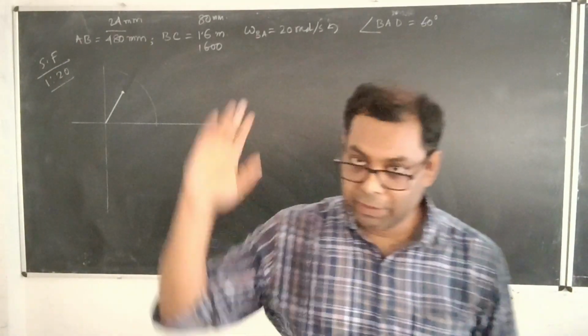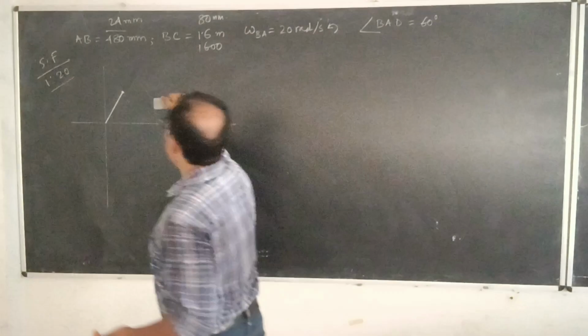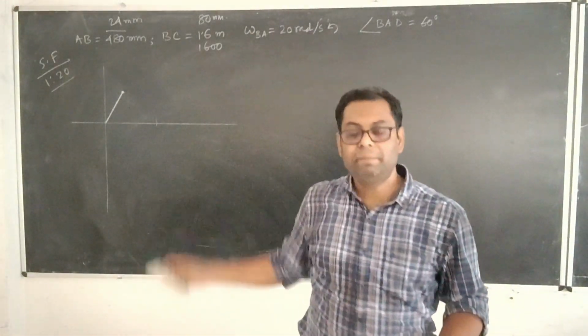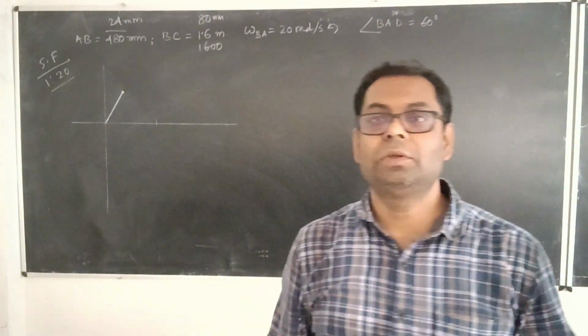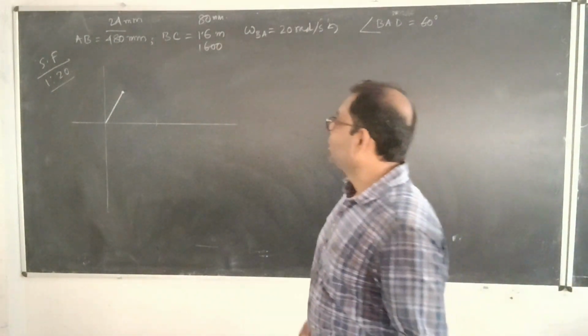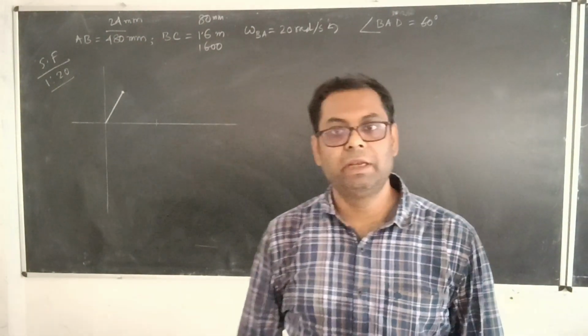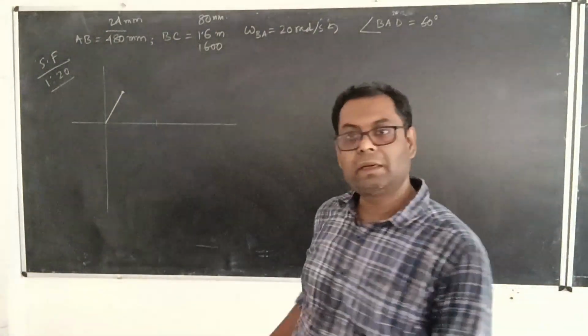Okay, so now let us consider that this much amount of length is equal to 24 millimeter in your copy. I don't have that direct measurement option over here, so I am using my common sense and geometrical sense. So this length I am considering as 24 millimeter, which is representing 480 millimeter over here.